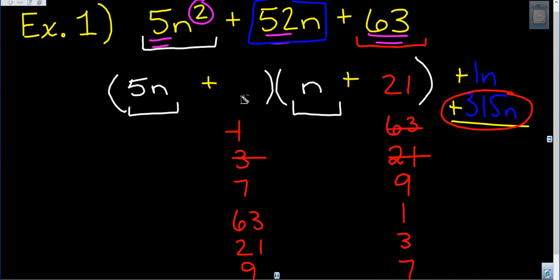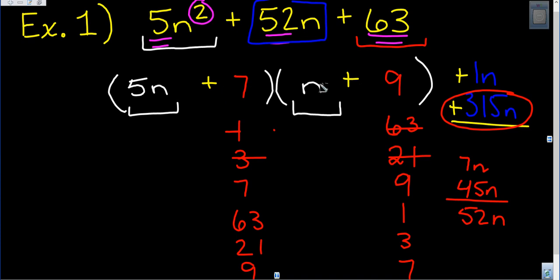And now let's look at a 7 and a 9. If I put a 7 here, I would get 7n, and a 9 here, I would do 9 times 5, so 45n. And if I add those together, I actually do get a 52. So this is my pair of numbers.